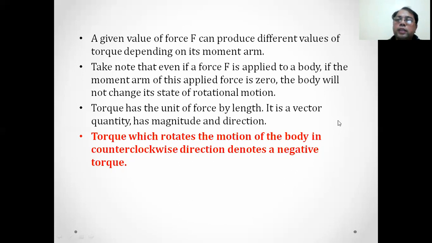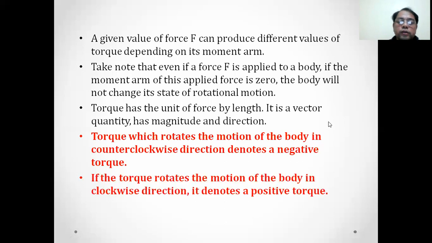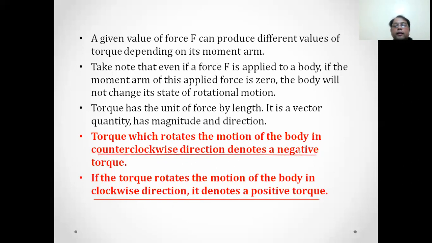Again, that simply shows our two varied directions for torque. So positive torque when we deal with clockwise motion. I hope you follow this. So negative for counterclockwise, and positive for clockwise torque.